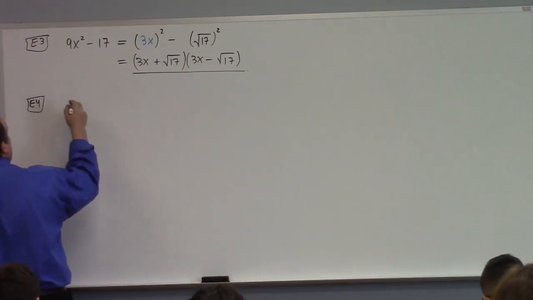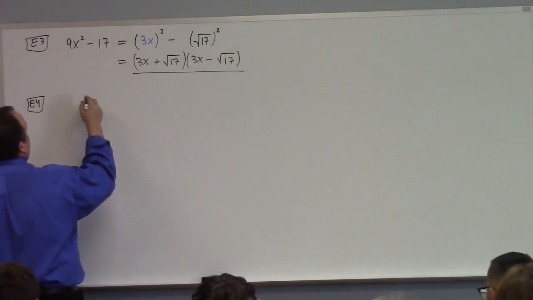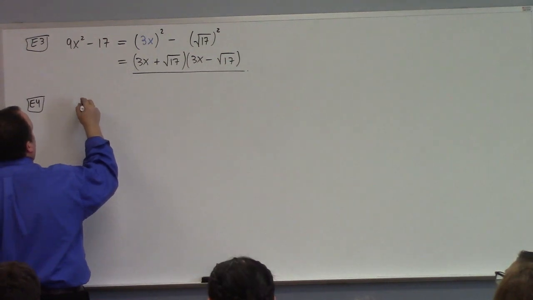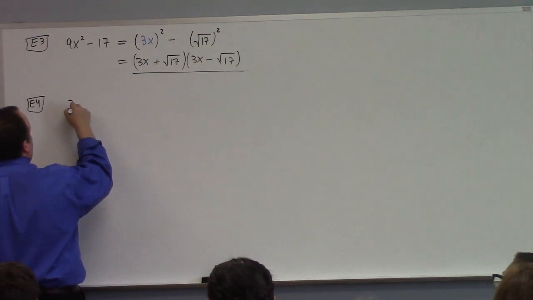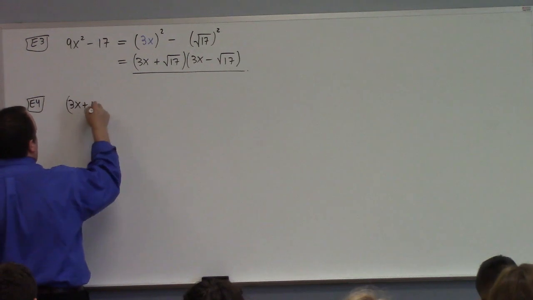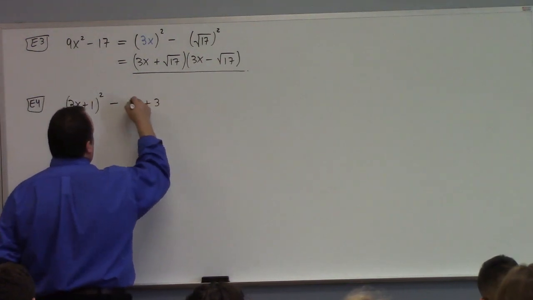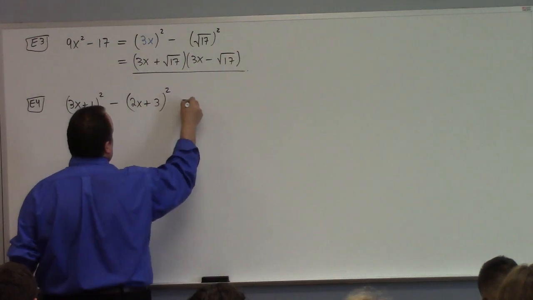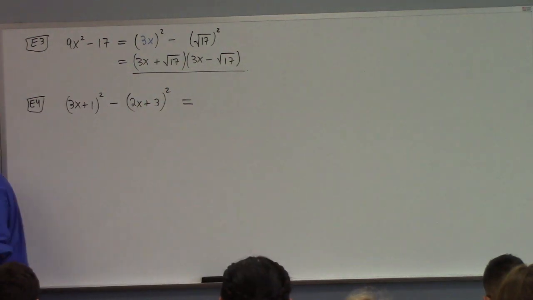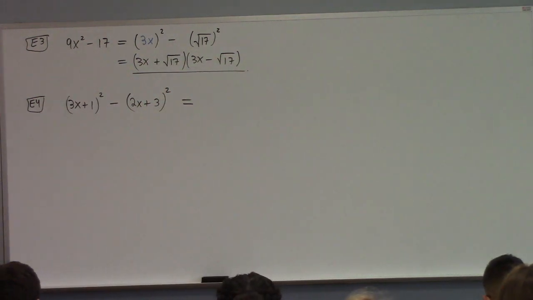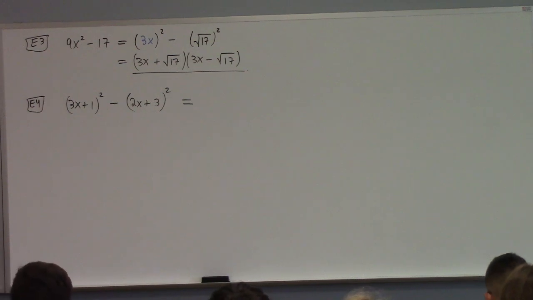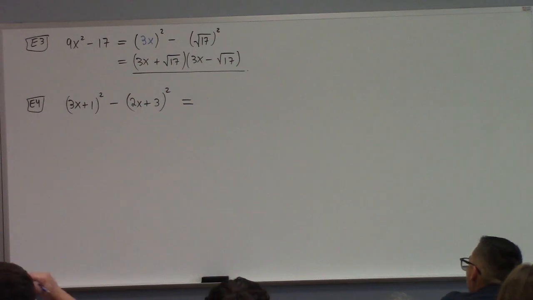Okay, so example 4. What if we were up against, I don't know, let's say 3x plus 1 squared minus 2x plus 3 squared. Could we factor this? It is a difference of squares, right? So we can factor it.